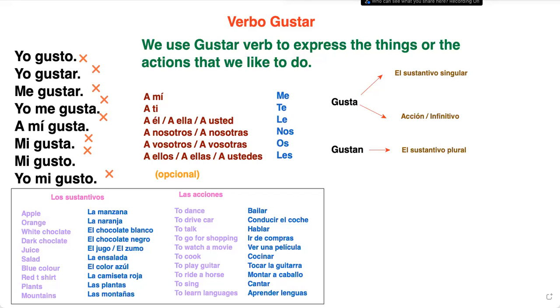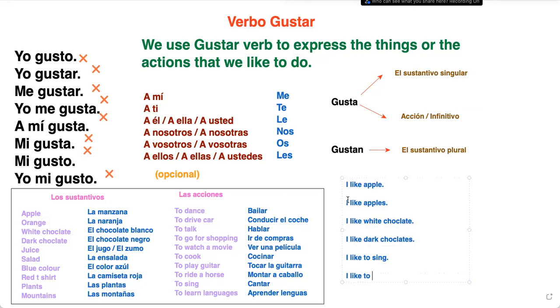So let me write you examples in English. Like I like apples. I like white chocolate. I like dark chocolates. I like to sing. I like to cook.